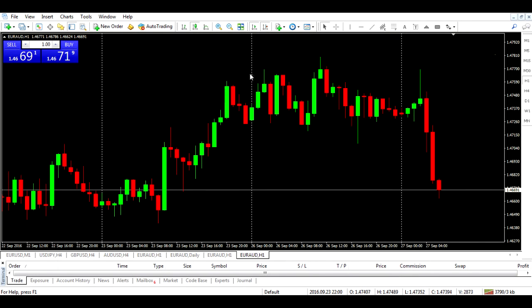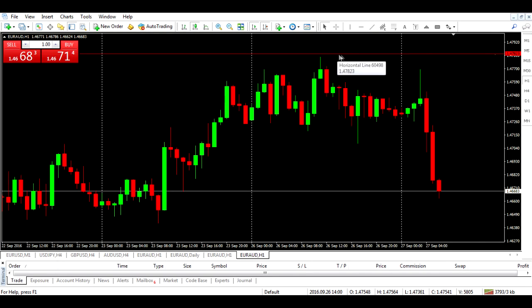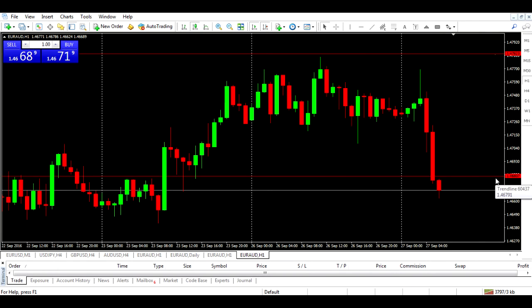Because as the price goes up and down, up and down, let's say I am on a sell and my stop loss is here. As long as this does not touch this, my trade won't close. So even if it goes back up here, but it goes down, and my take profit, let's say, is here, I win.